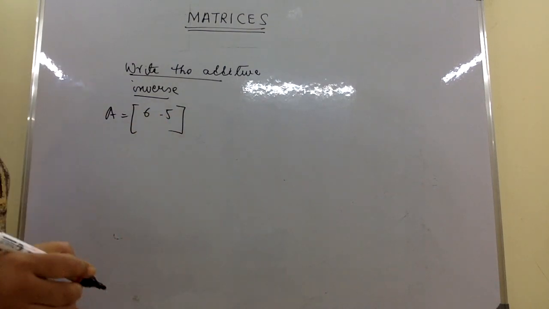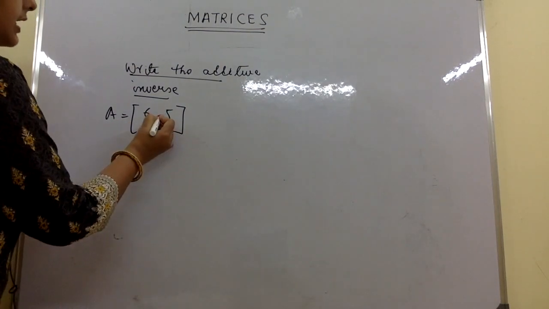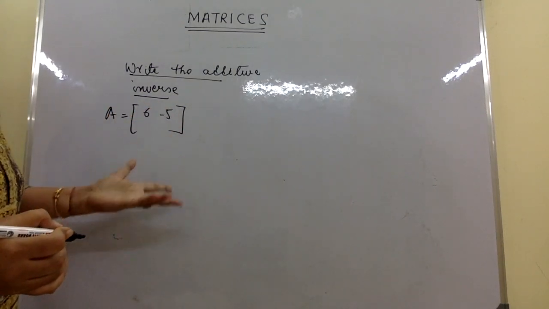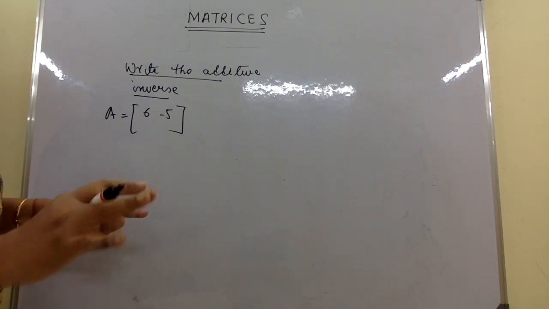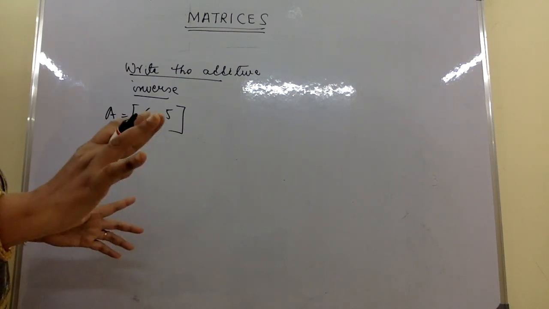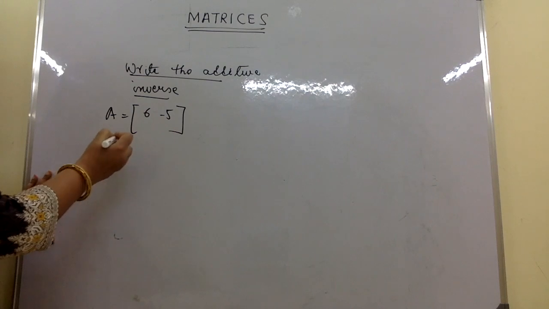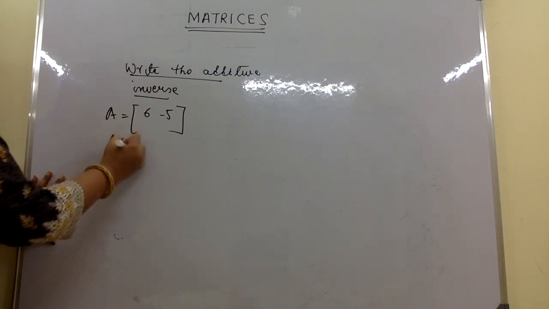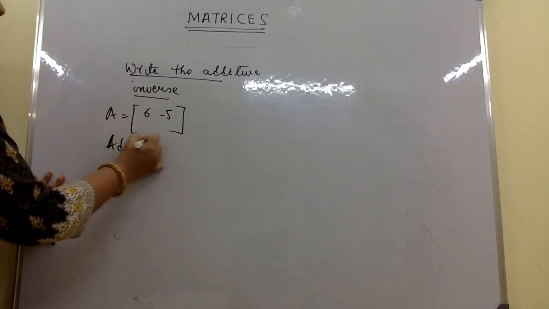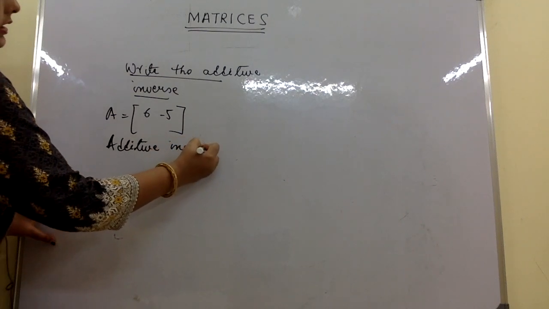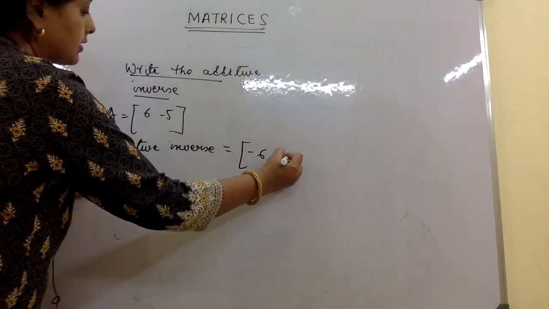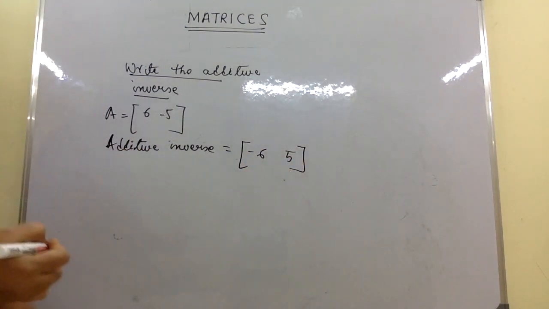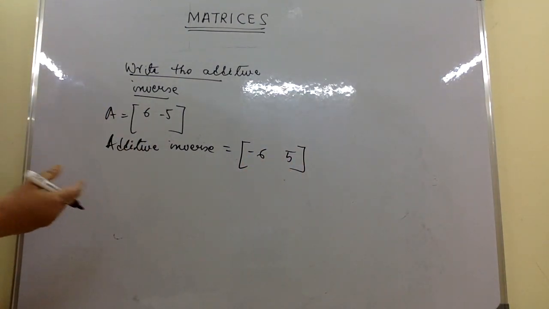Now additive inverse of the matrix is simply that matrix which when added to this will give you a null matrix. Null matrix means all the elements are 0. So additive inverse of this is going to be how much? Is going to be minus 6 and plus 5. Simple. Okay, so now this can come in an MCQ.